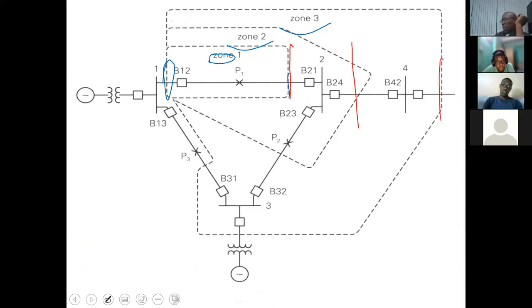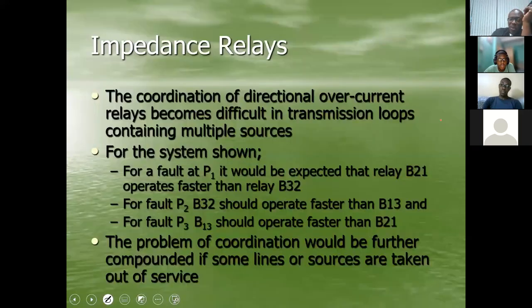But remember the principle that we said the impedance relay operates on? For current, we say that if the current exceeds a certain value. For impedance, we say if the impedance is below a certain value. All right?